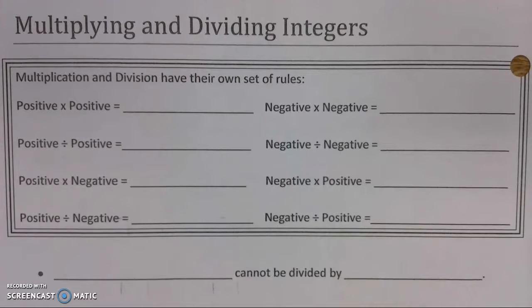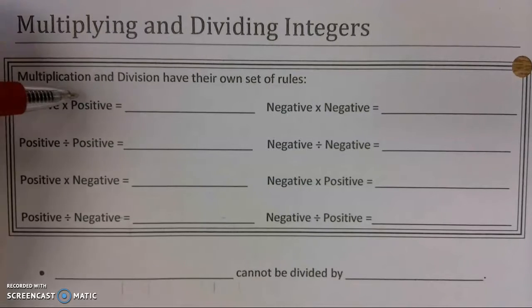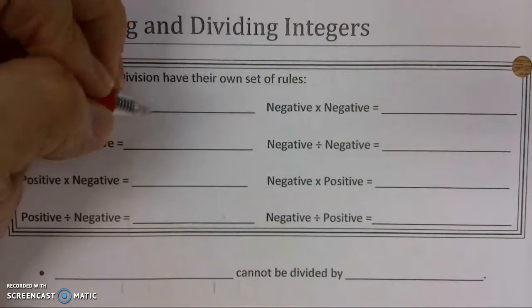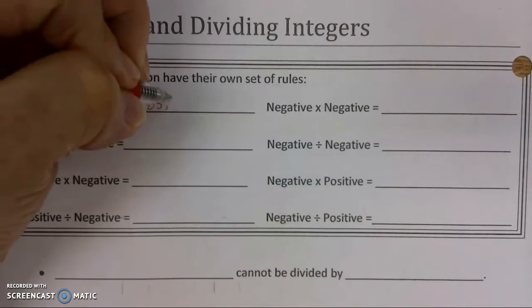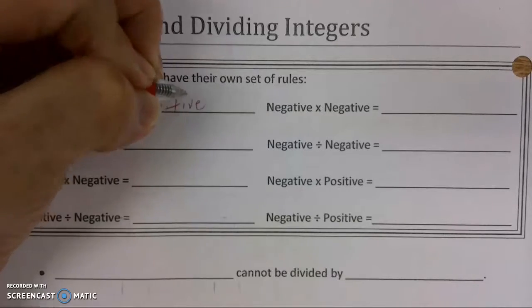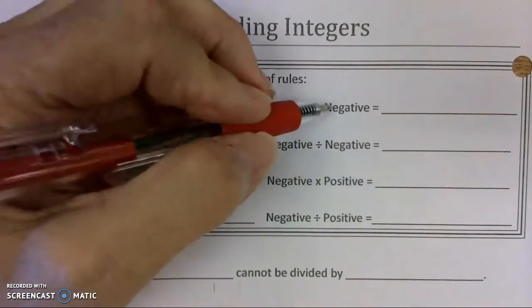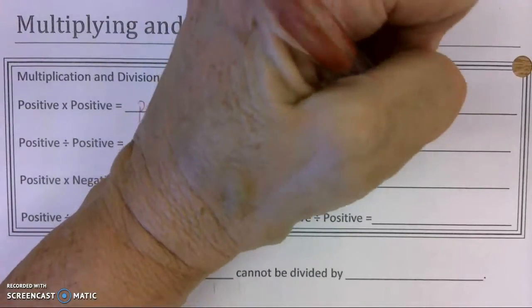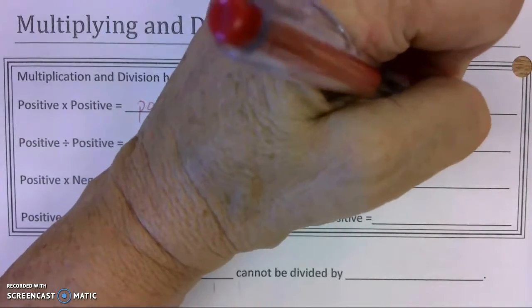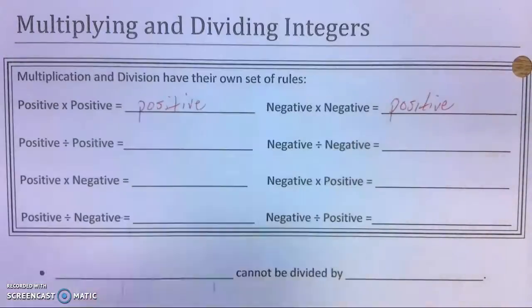than adding and subtracting. So, when I multiply a positive number times a positive number, I am going to get a positive number. I'm going to multiply like I always do, but my answer will be positive. When I multiply a negative number times a negative number, my answer will be positive.